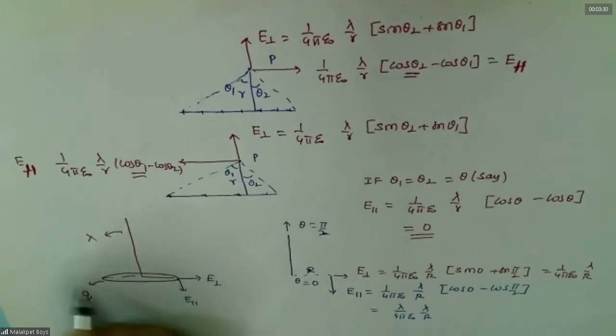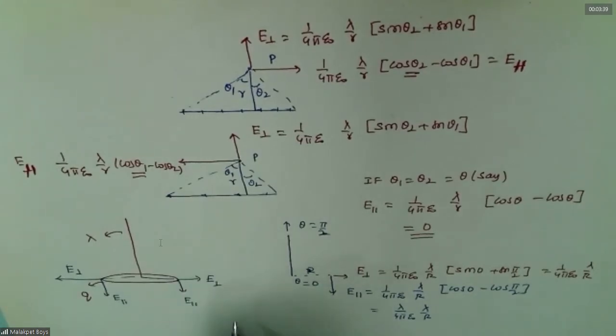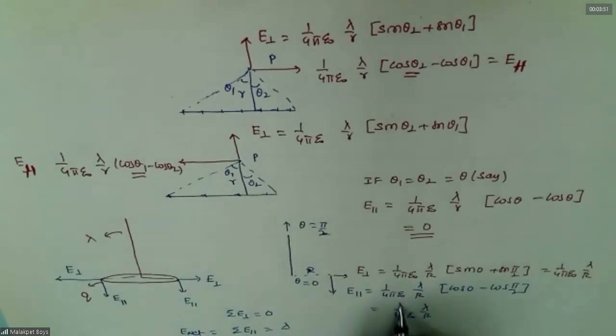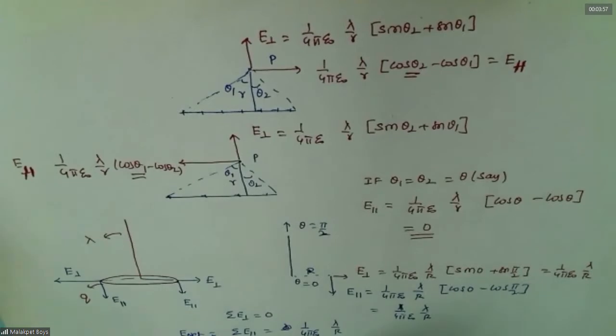Everywhere that is true. So which components will balance? So the sum of E perpendicular will become 0. Therefore the net field will be only this. That is nothing but, at every part it is distributed.